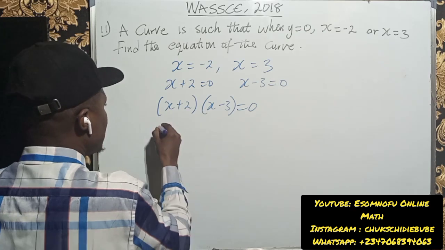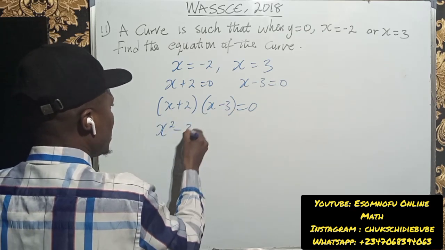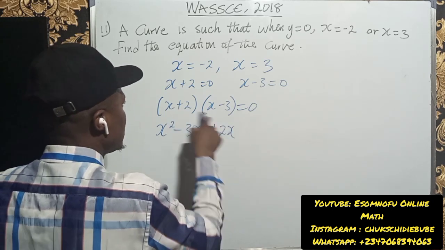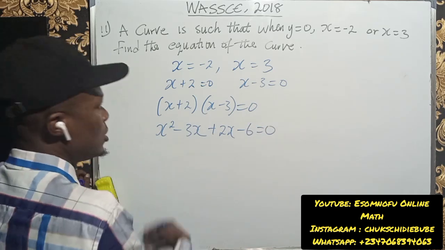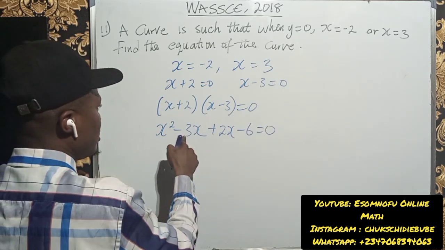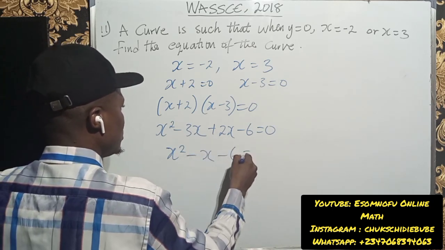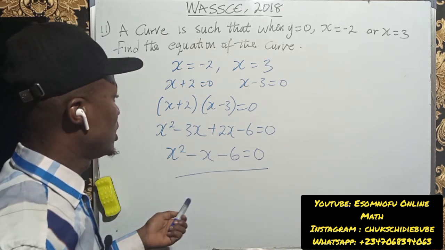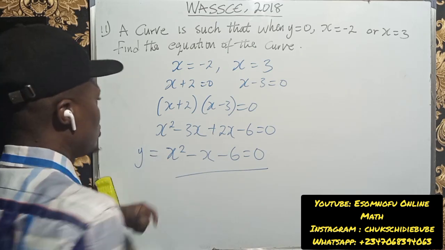So x times x is x squared. x times minus 3 is minus 3x. 2 times x is 2x. 2 times minus 3 is minus 6 equals 0. So we have x squared, minus 3x plus 2x is minus x, then minus 6 is equal to 0. This is the curve they are talking about.